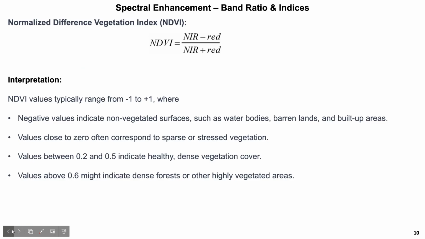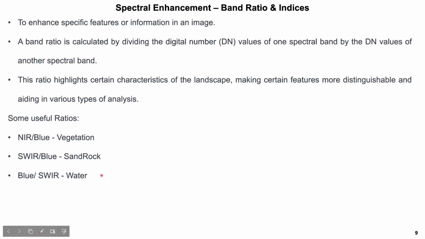When coming to the drawbacks of this, if your denominator has a zero value, zero reflectance, or it may be the no data value, your output will not be valid. In order to avoid that, we can add some constant and then do the ratioing.